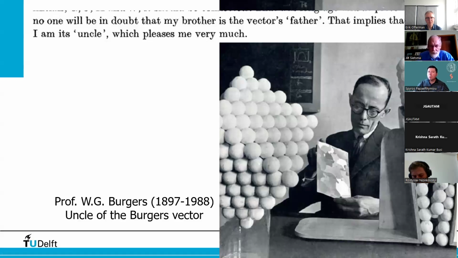Dislocations were known already, in the 30s before the war, but it was still a question how to characterize them. Then Professor Burgers and his brother, who was a hydrodynamicist, very good in mathematics. Actually, his brother thought of the idea, and that's why Professor Burgers always called himself the uncle of the Burgers vector, and not the father. That was his brother.